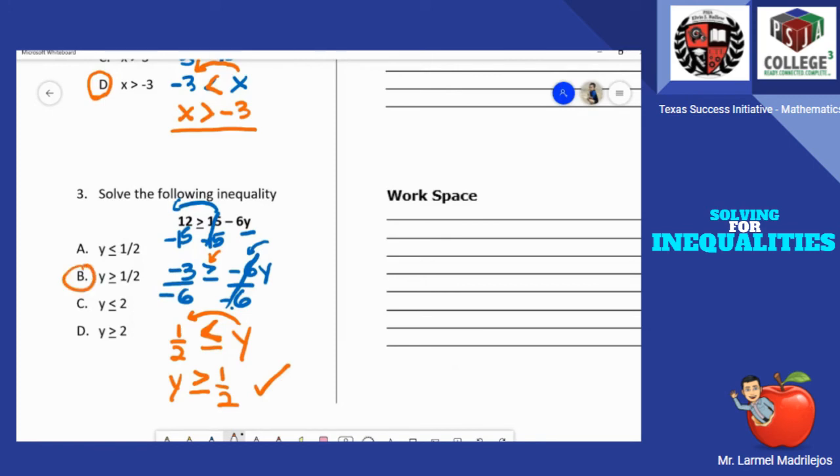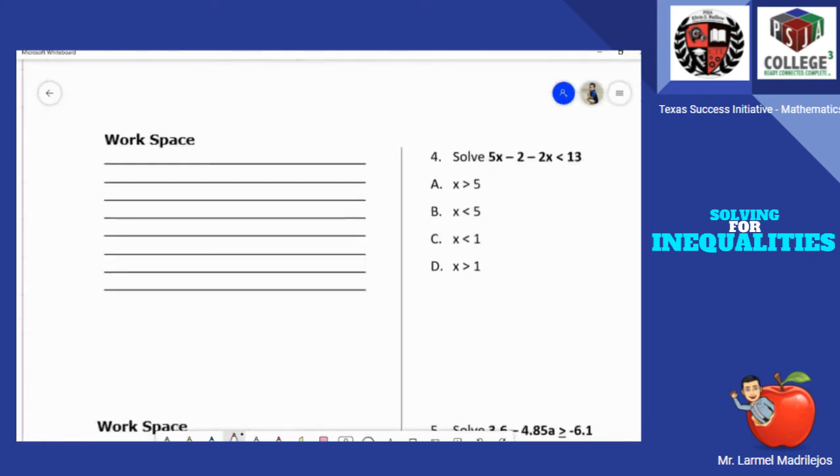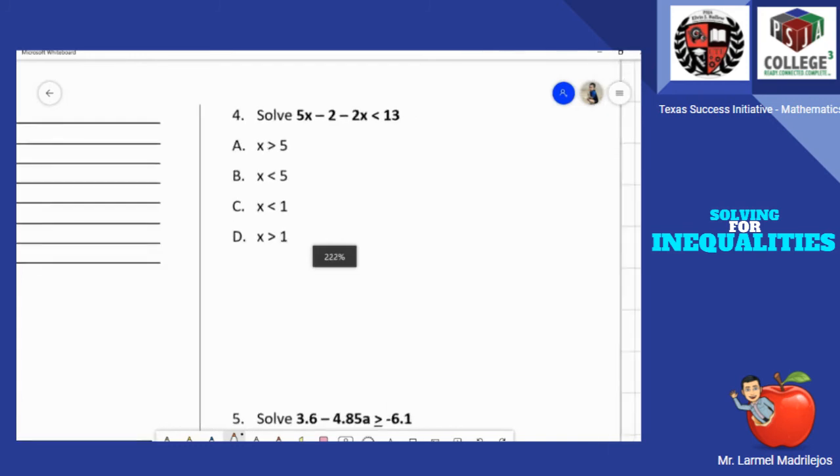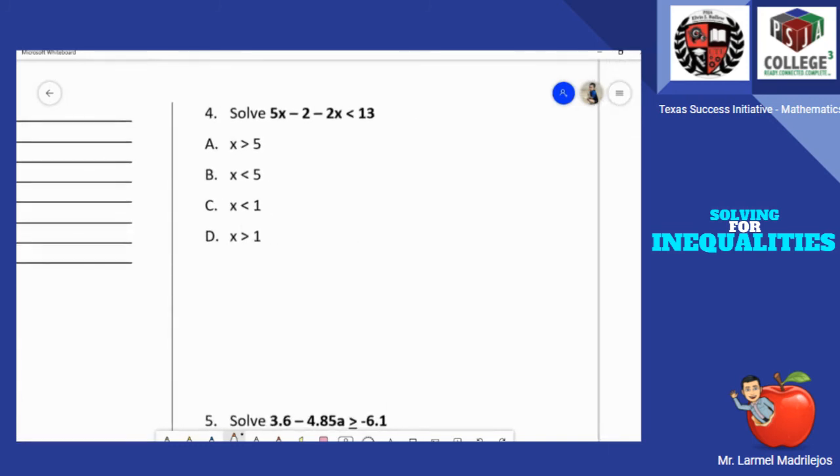Okay, next question. The same thing. Solve for the inequality. So we have two variables here. Well, actually, it's only one variable. So start first with the like terms. 5x minus 2x is 3x.